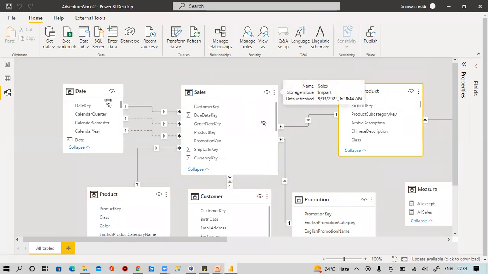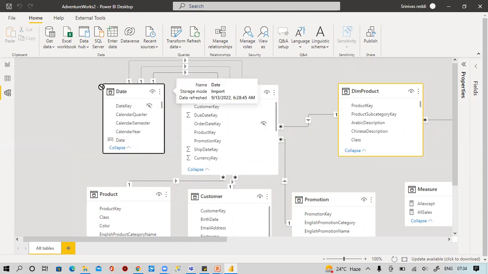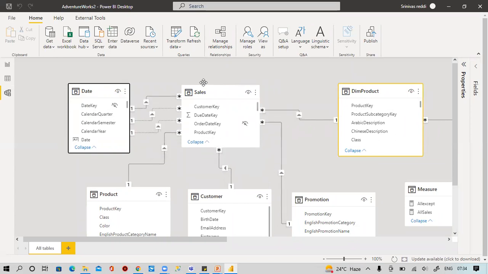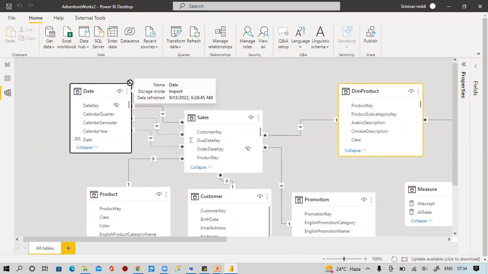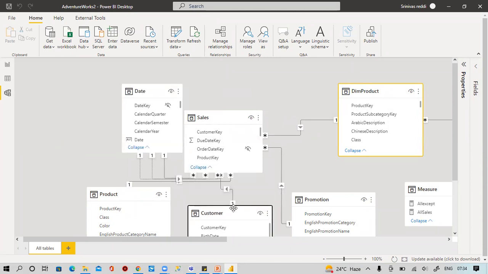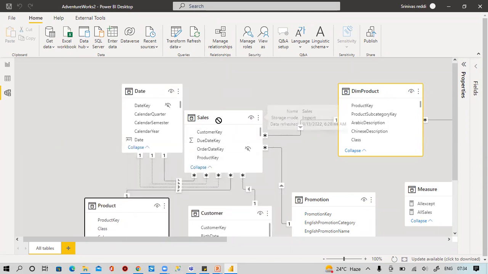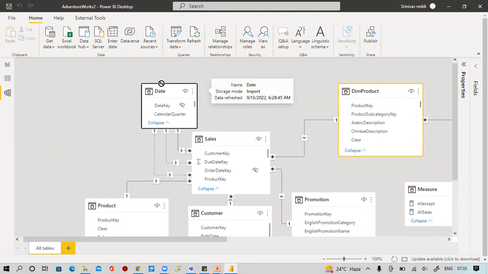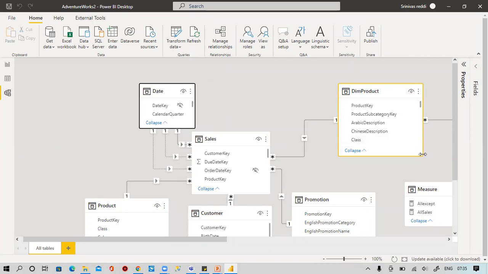See, it looks like a star, right? If you format it properly, it looks like one star. Not because it shows a star, but the terminology is like that. It is the star schema.